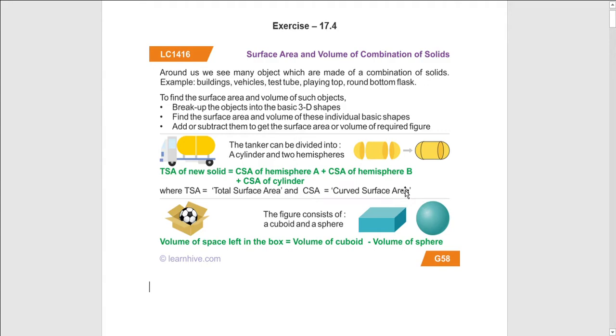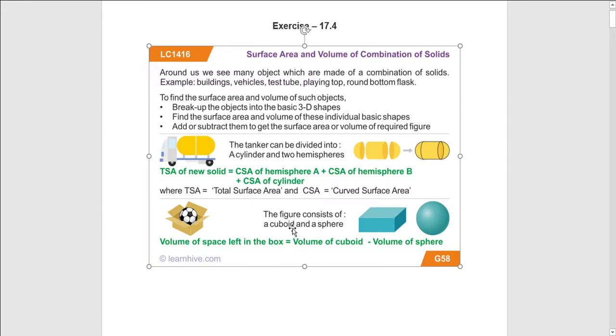So in exercise 17.4, this exercise is based on the combination of solid figures. Before discussing this, we have the other solid figures, cube and cuboid. This figure is the cuboid. Surface area of the cuboid, if you remember, is 2 (L into B plus B into H plus H into L).